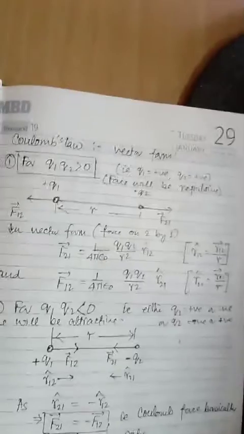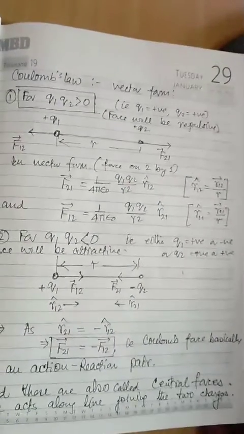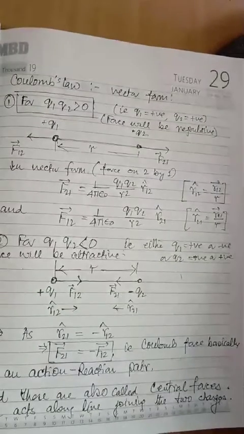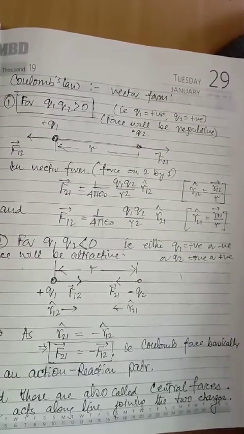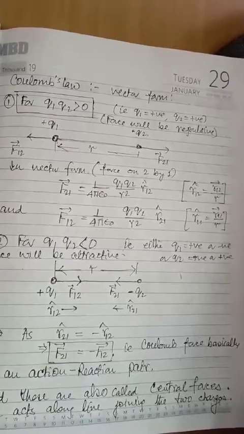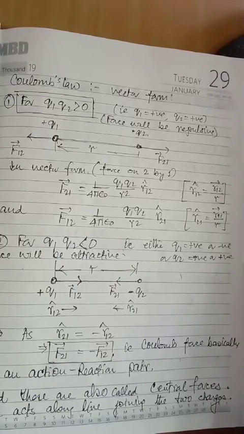And one thing is also very important in case of board examination, where this question is frequently asked by the examiner: write Coulomb's law in vector form. As you are aware, a vector has magnitude as well as direction.